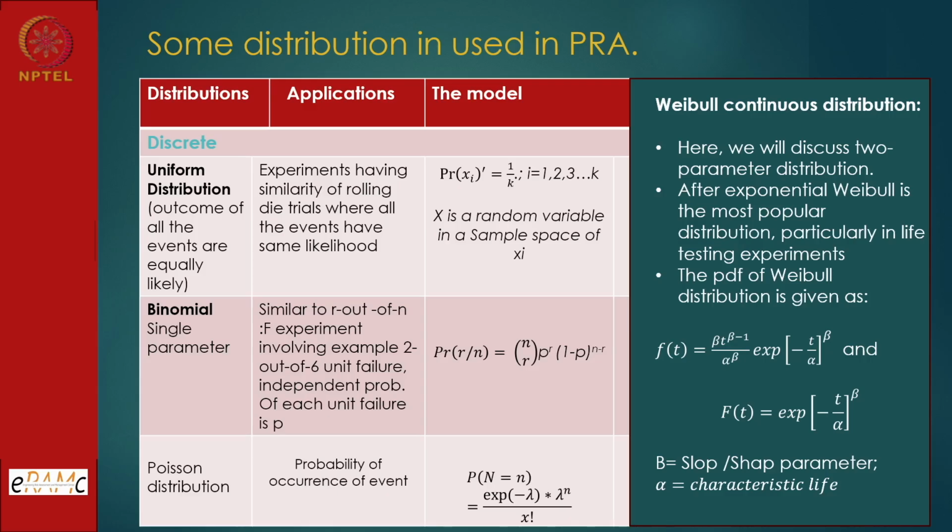Let us say we had 6 pumps in line, and out of 6 pumps, if 2 pumps fail, system failure occurs. So n is 6, R is 2, and then what is P?